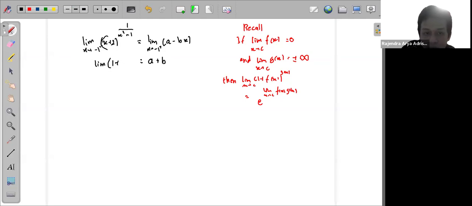Because this is x plus 2, to have 1 plus something, we decompose it into this here, 1 plus x plus 1, right? This is just the same thing as the top there. And for the power, we can just rewrite it.